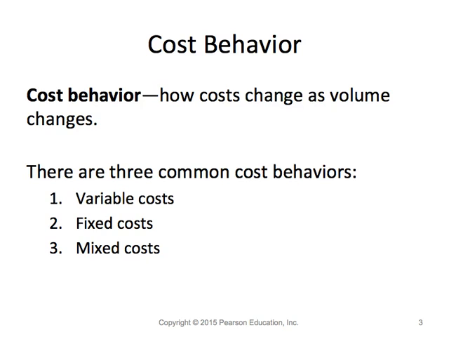So the cost grows as the volume changes. This is the cost behavior we're looking at here. There are 3 common cost behaviors: one is called variable cost, one is called fixed cost, and one is called mixed cost. Actually there's another one, average cost.